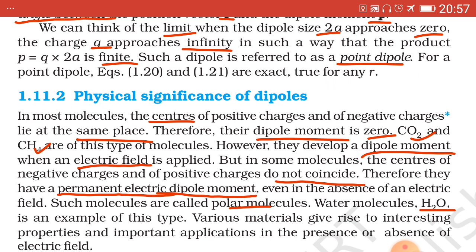Example, CO2 and CH4, that is carbon dioxide and methane. Apart from this, such molecules develop a dipole moment when an electric field is applied.